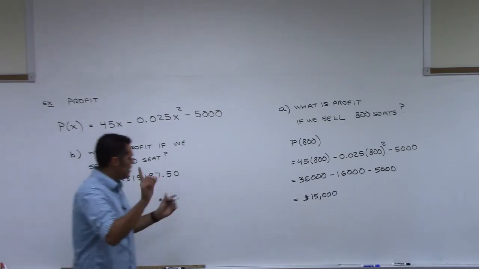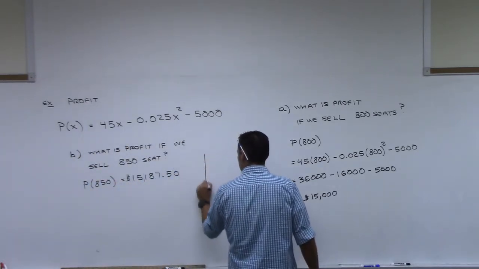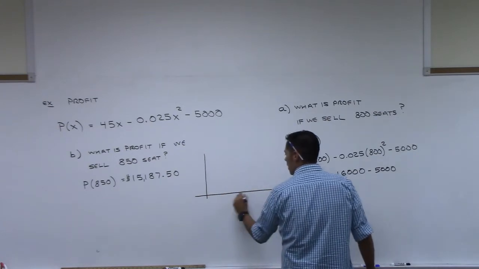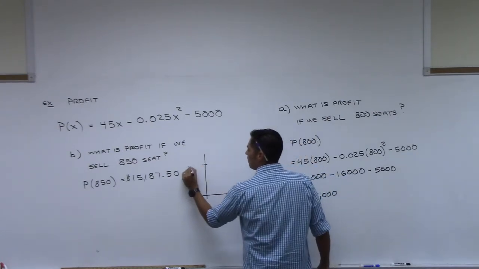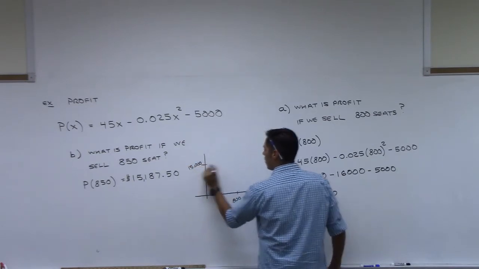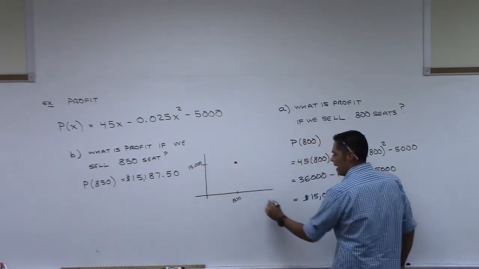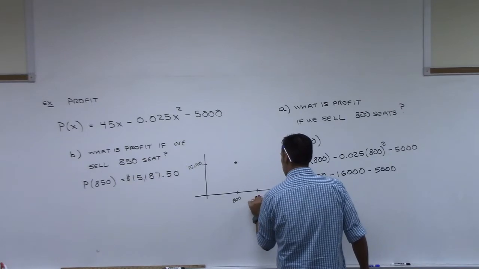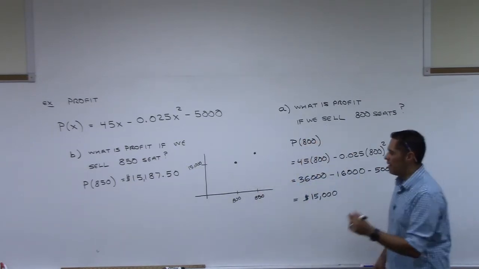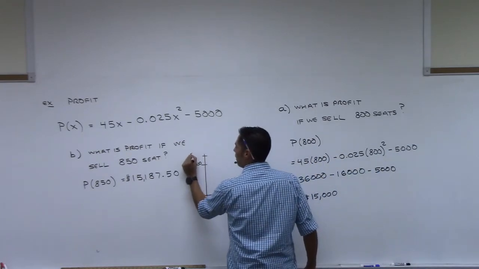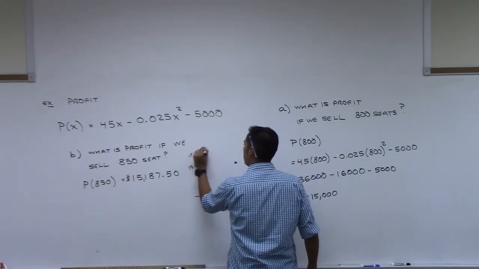So geometrically, here's what it looks like. At 800 car seats sold, we made $15,000. Do you agree with that? And at 850 car seats sold, we made a little bit more, 15,187.5.